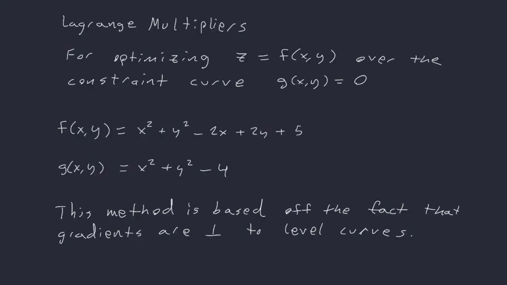So for example, I want to look at the gradient of f at the negative root 2, and the gradient of g at negative root 2. That's where our maximum was.